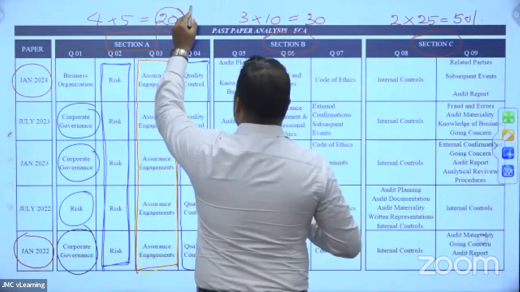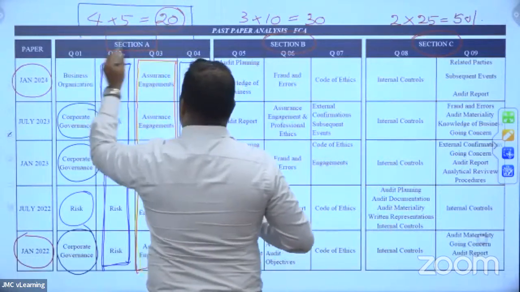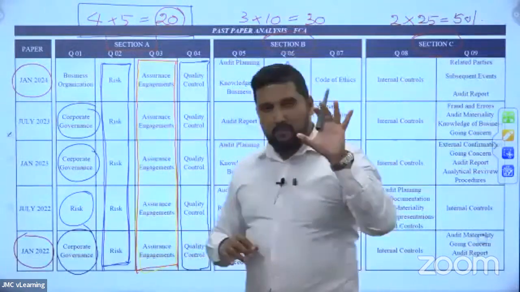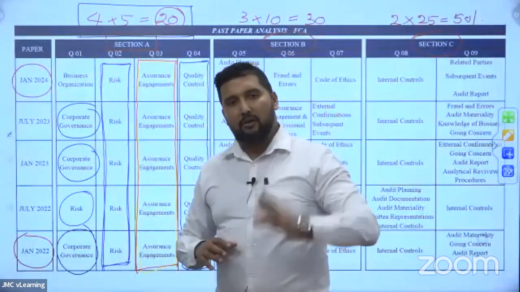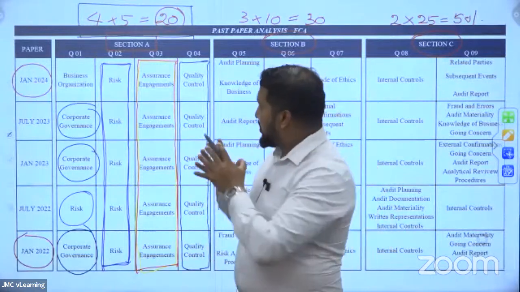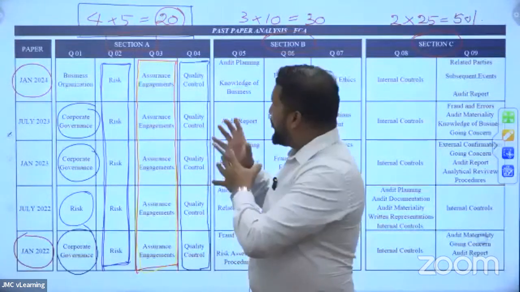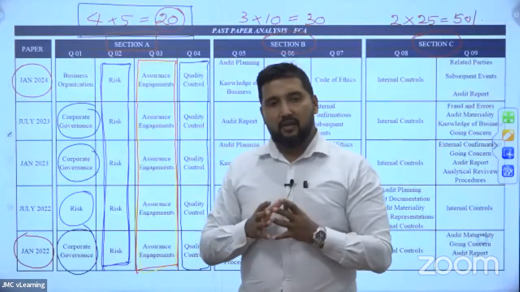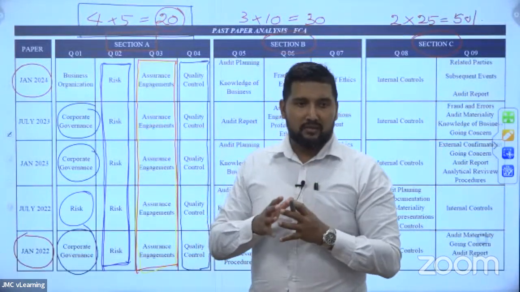When you analyze section A of your paper, if you want to obtain 20 marks out of 20, you need to concentrate on mainly 4 theoretical aspects.